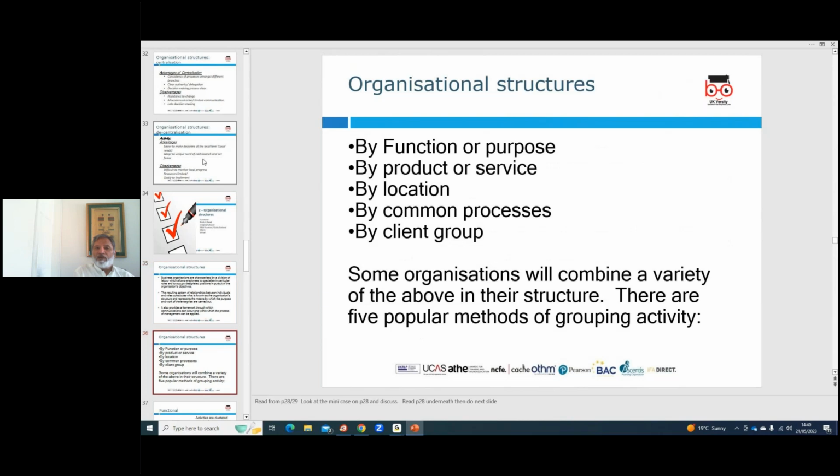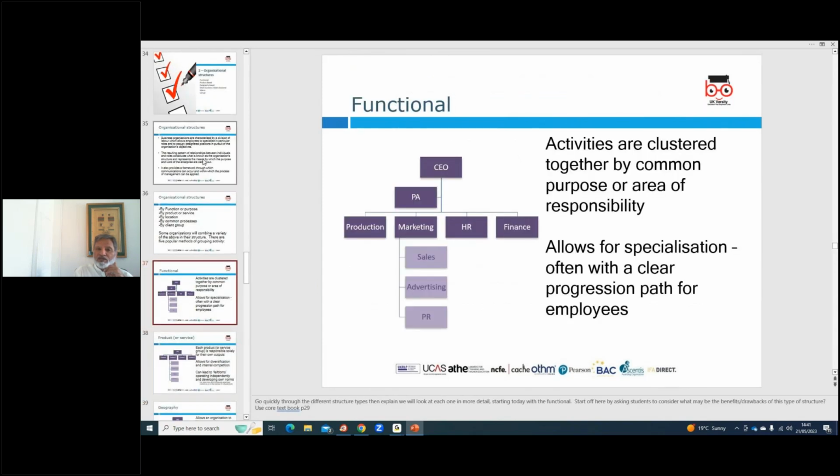Okay, the structures can be divided by function, can be divided by purpose. They are divided into product, service, location, client groups, common processes, and so on. There are 5 popular methods of grouping. These are functional.